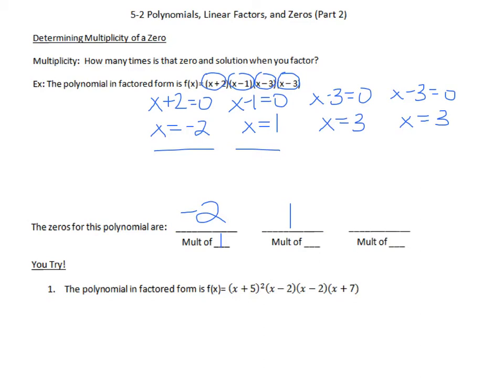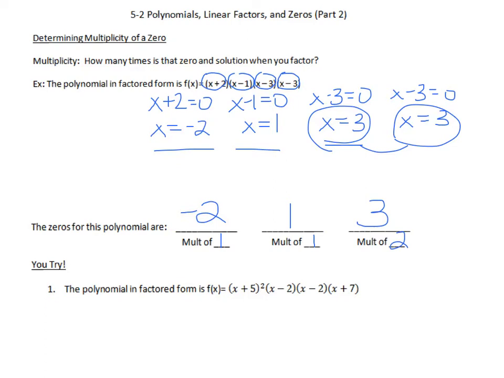Again, we only have that one time, so it's a zero of multiplicity 1. And then we have 3, and you see that it appears twice. We have it here, and we have it here. So this has a multiplicity of 2. So again, multiplicity just means that that zero appears n times as a factor.